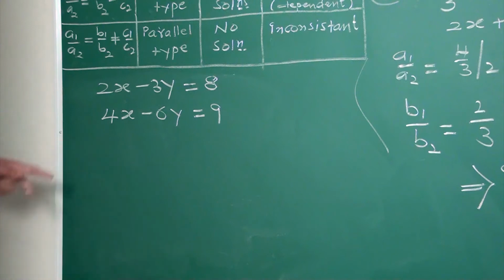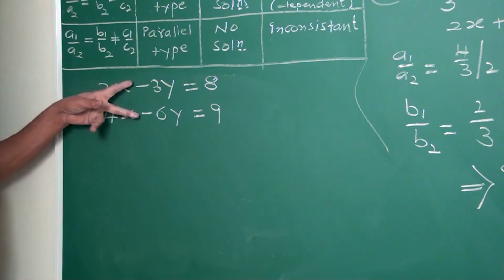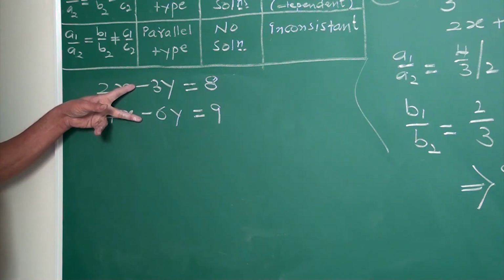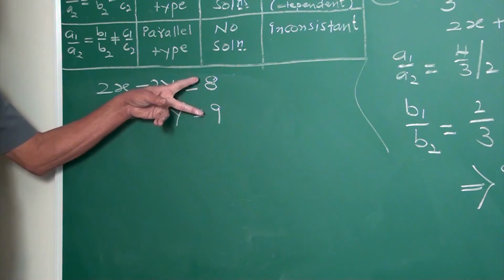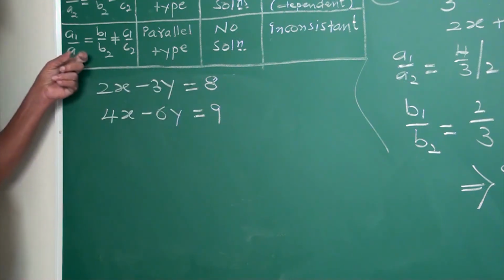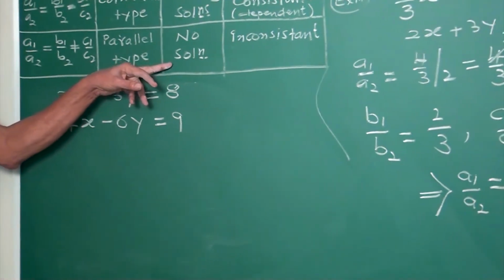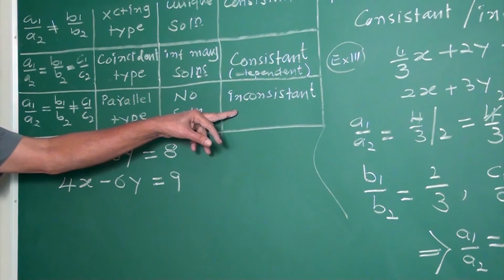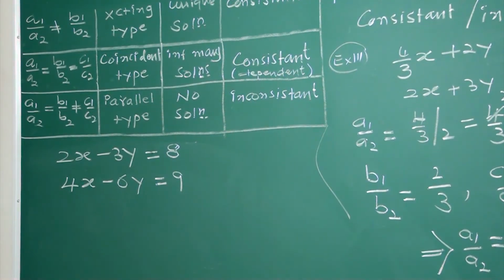See, my friend, a1 upon a2, 2 by 4 means 1 by 2. b1 upon b2, minus 3 upon minus 6 is 1 by 2, equal. What is c1 upon c2? Minus 8 upon minus 9, not equal. Third type, parallel, lines are parallel, no solution. The system is inconsistent.